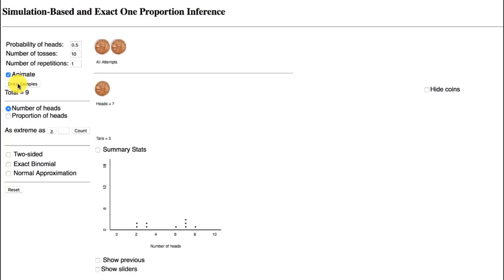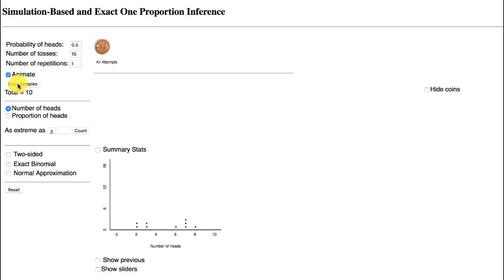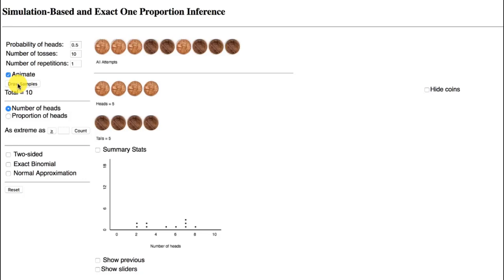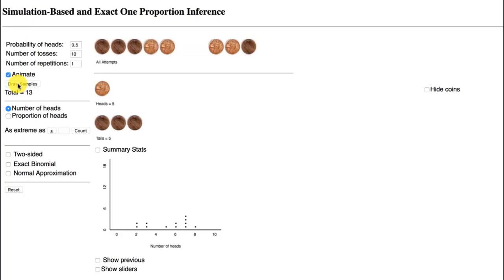We've got 2 heads and 8 tails, and we're seeing a very strange pattern that doesn't match what we expect. These 7 heads and 3 tails. And now we've got 5. That's the first time we've seen 50-50 actually happen. But if I keep going, what will happen, inevitably, is that we'll start to see a cluster around the center.